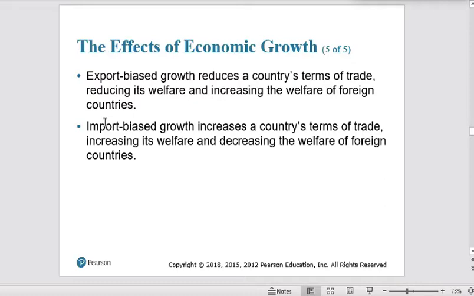So if there's an export sector bias growth, that will reduce the country's terms of trade, right? It will make the country less happy, less in terms of welfare. However, if there's import bias growth, then that will increase the country's terms of trade and increase the country's welfare. So let's put that story again in our analysis to see how this works.